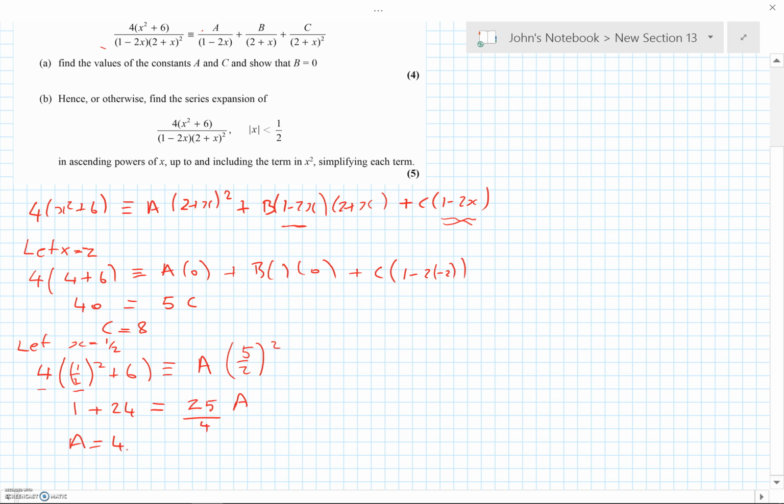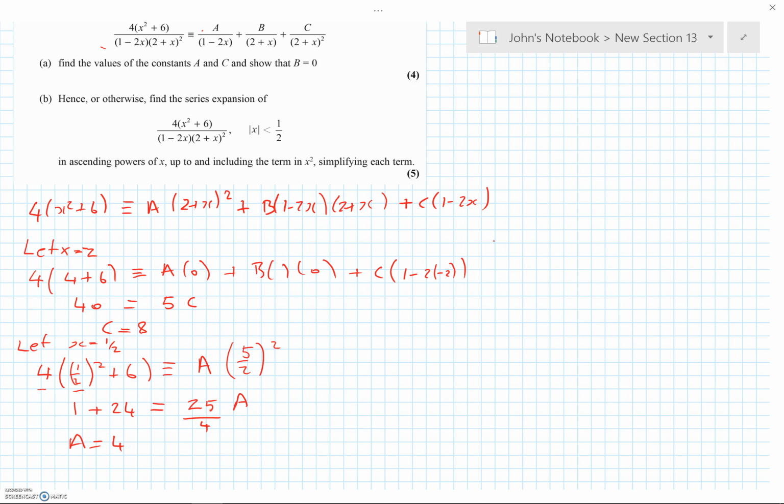No fuss there. That's worked out 2 of them. Now, to work out the other one, we can adopt various strategies here. We could look at the coefficient of x squared and know it's got to be 4x squared, or we could look for the constant coefficient. So that's what I'm going to do.